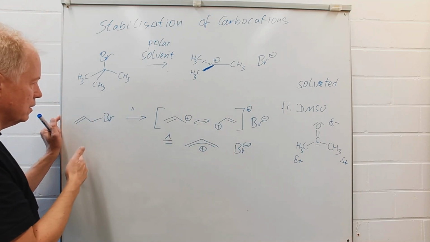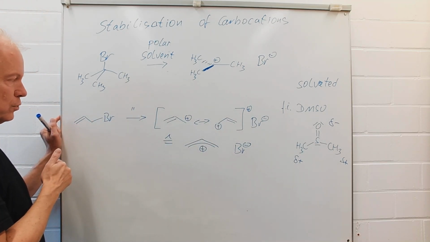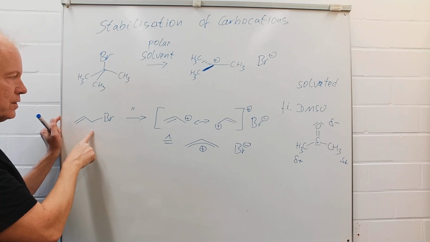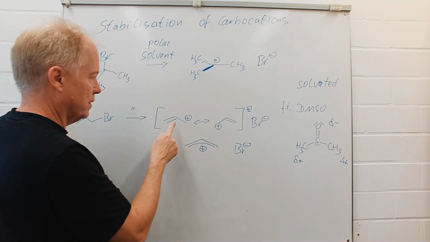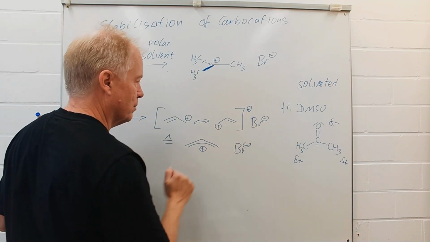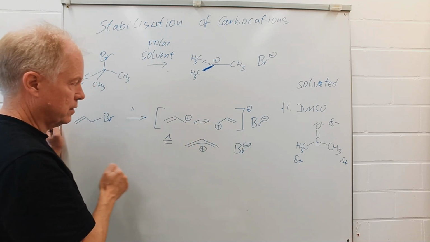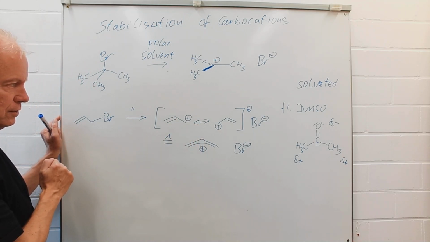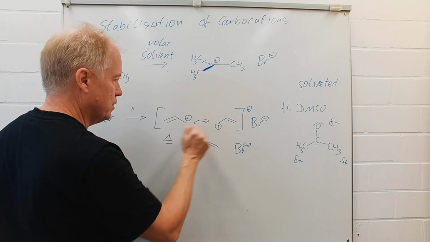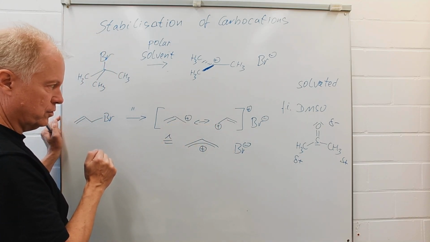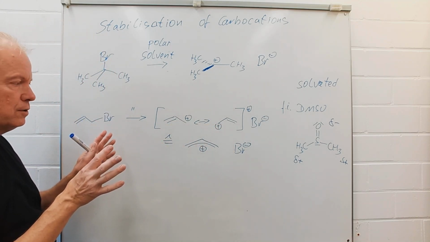Let's have a look at the allylic bromide. In this case, it will give allylic cations with the bromide counter anion. Here we have a mesomeric stabilization. That means two mesomeric structures. The truth is in between.